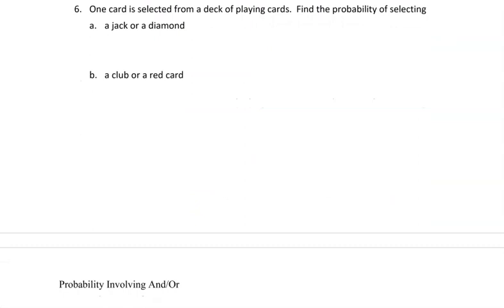All right, back to playing cards. So one card is selected from a deck of playing cards. Find the probability of selecting a jack or a diamond, and then a club or a red card.